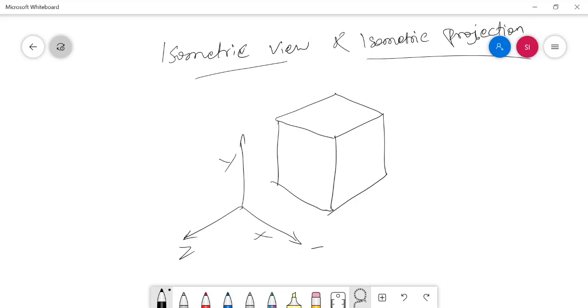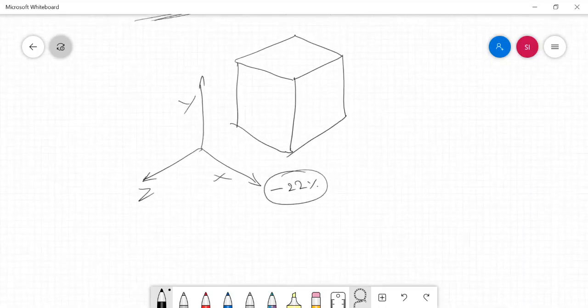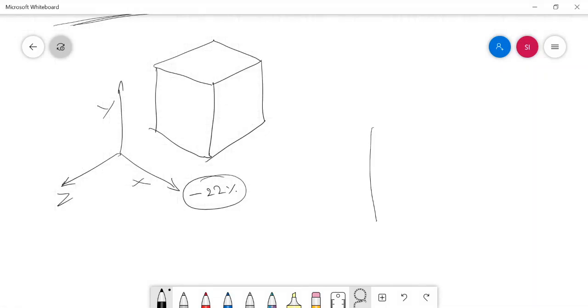Nearly 22% of the dimension appears reduced in the case of drawing the isometric projection of the object. But for better understanding, the isometric view concept is used, where the dimensions of the object in all three directions are not reduced. In all three directions, we have the 100% original dimension of the object.